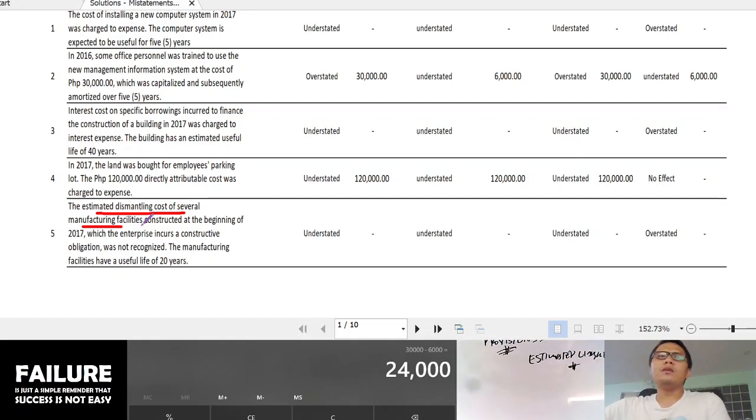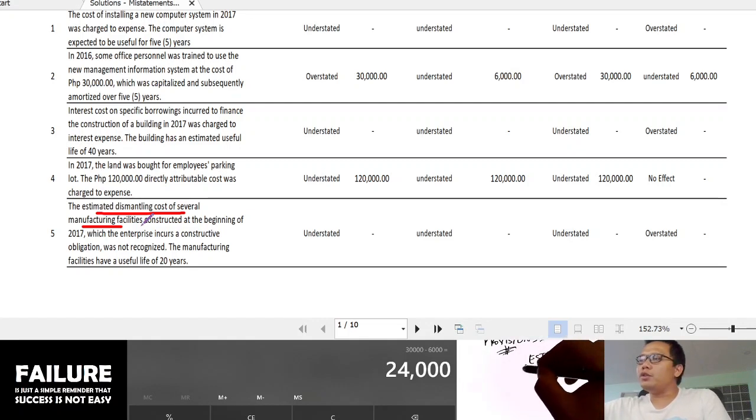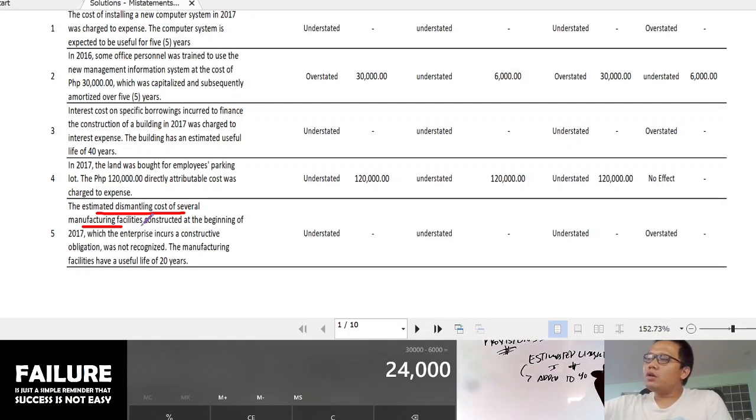The corresponding cost for this estimated liability, under the standards for provision, should be added to your cost.